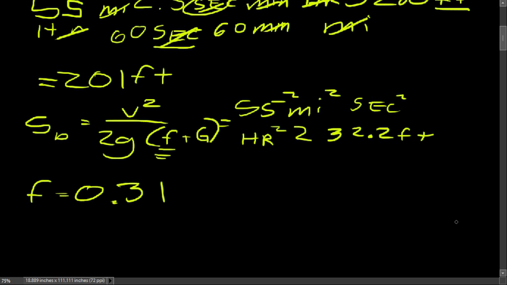Out of space. Who needs units? Alright, I'm just going to have to write small. This is friction factor is 0.31.